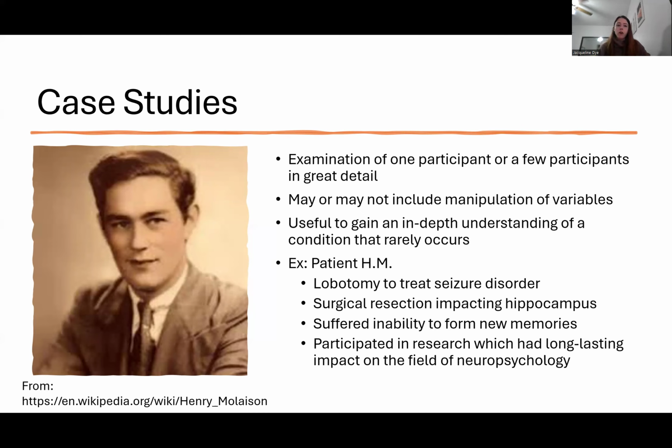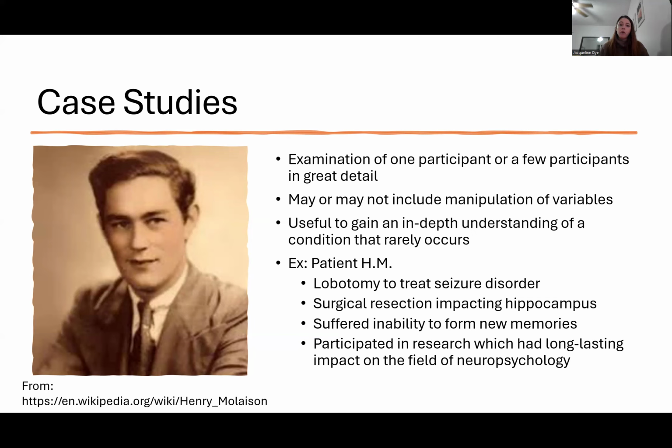And the hypothesis was that patients with psychosis that received lobotomies who also had seizure disorders, their seizures decreased or went away. And so there's a hypothesis that on this individual, who is otherwise neurotypical and does not have psychosis, his seizures would also remit. As a result of the lobotomy, there was a resection impacting his hippocampus. So his hippocampus was damaged, and he suffered as a result an inability to form new memories.